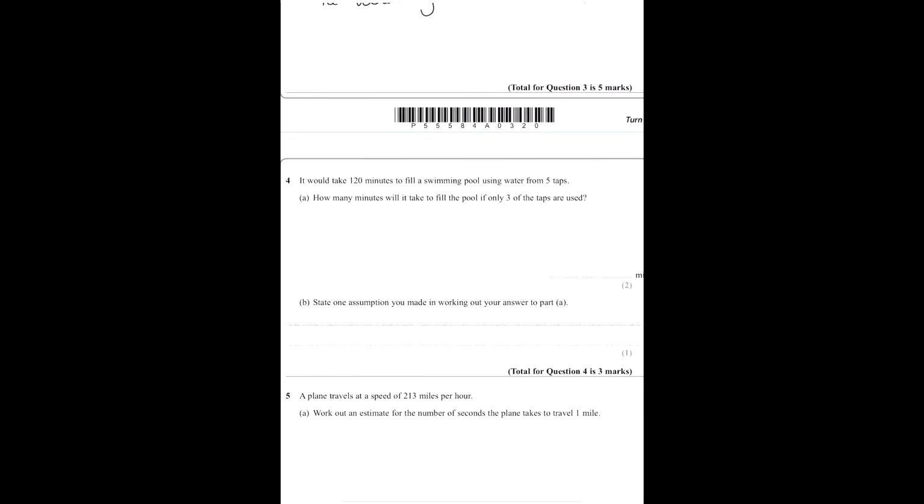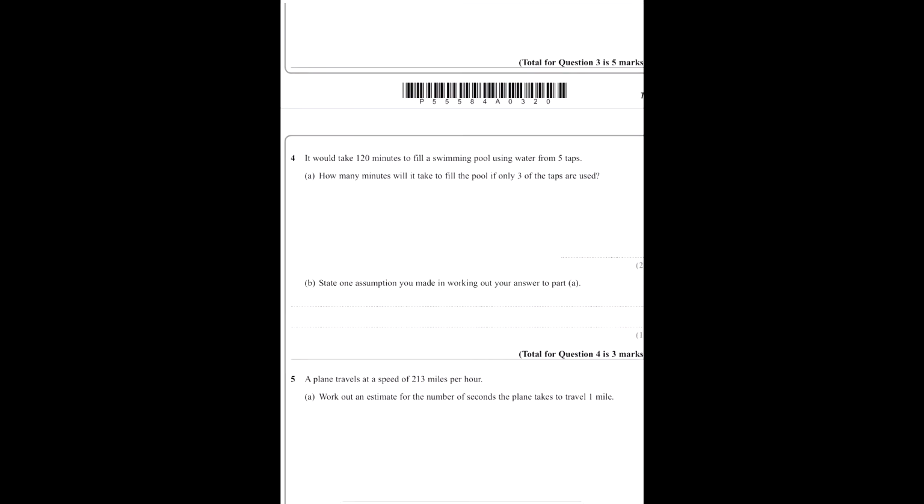Next question. It would take 120 minutes to fill a swimming pool full of water from 5 taps. How many minutes will it take to fill the pool if only 3 taps are used? Well, we can calculate the total fill time, which would be the number of taps, 5, times how many minutes, which gives us 600.